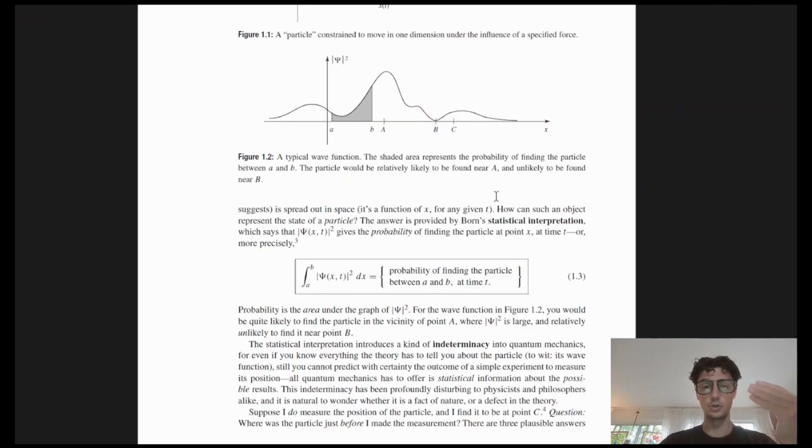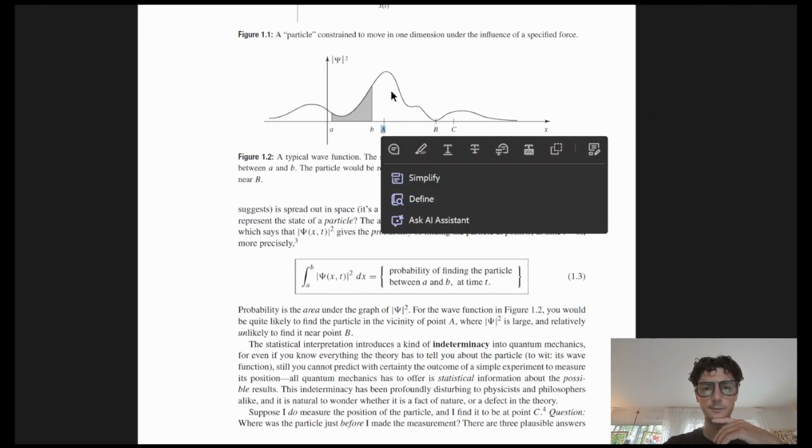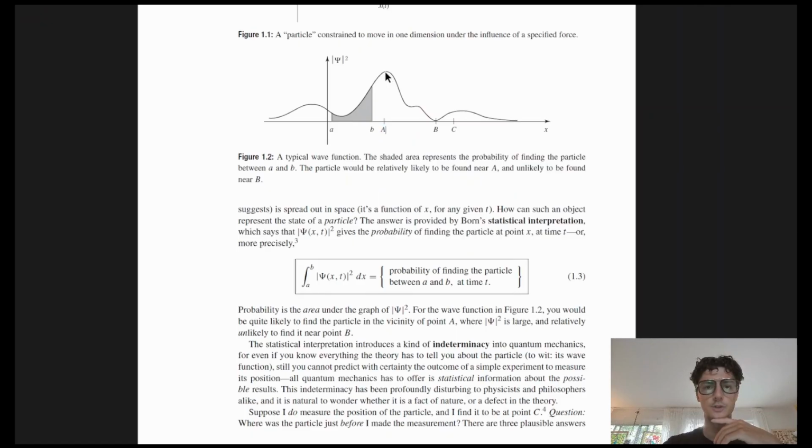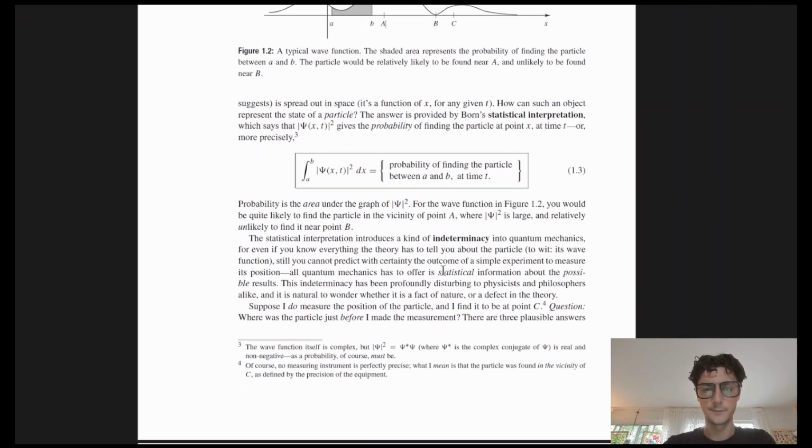So you would assume that the probability of finding the particle at exactly this part B, the location x denoted by B, is very low. But this location A is where the probability distribution is very, very high. So at location A, more probably, you're going to find the particle there. More times than not, you're going to find the particle there. And part C is kind of in the middle. You might find the particle here, sometimes you might not. Part B, you will rarely find it.